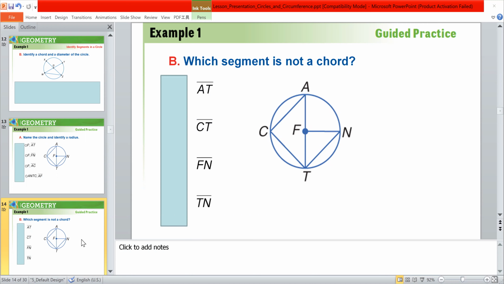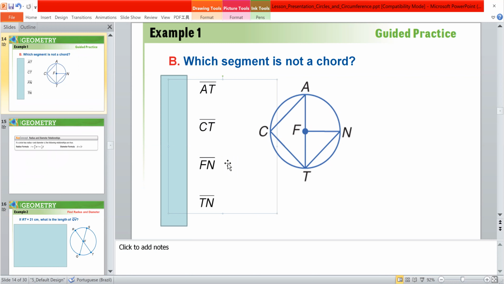FN is what? A radius. So this is not a chord. So we choose FN. But AT is a chord and a diameter also. CT is a chord and TN is a chord. So our answer is FN.